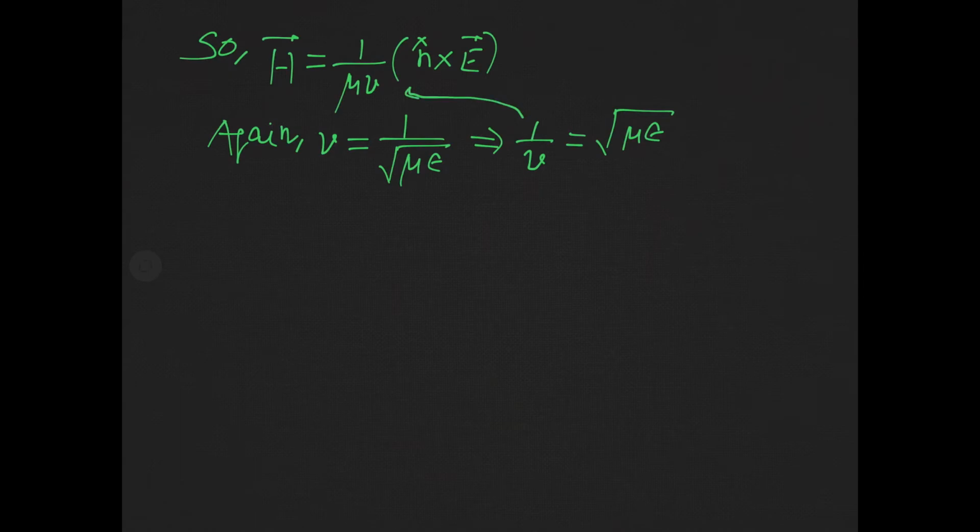So let us substitute the value of this 1 over v here, and when we substitute this in this equation, then what will be our result? You can see H will be then equal to square root of epsilon by mu, n hat cross E.